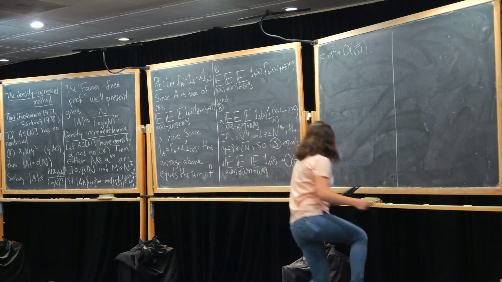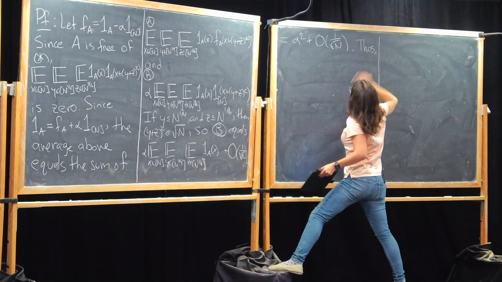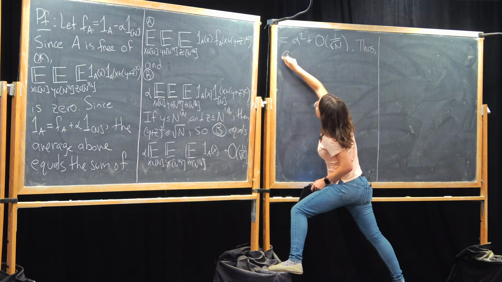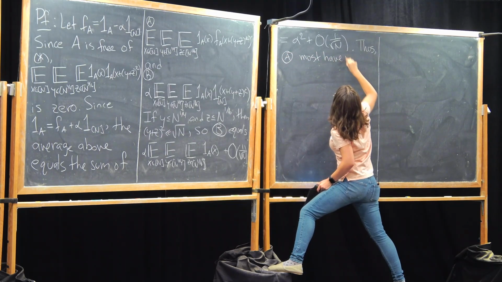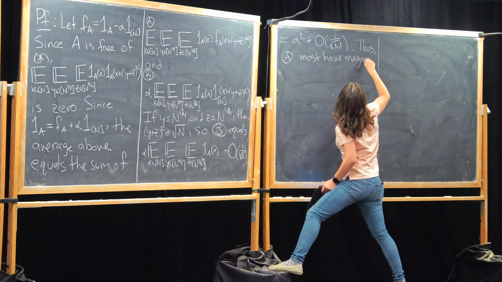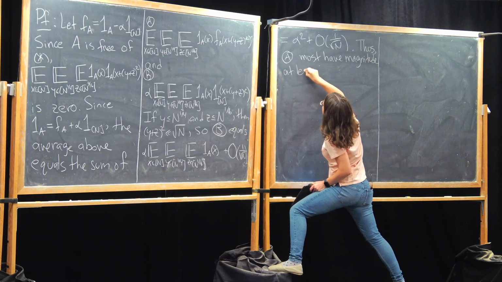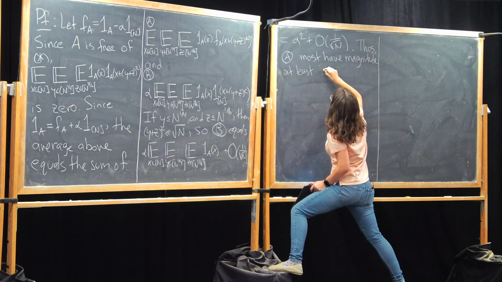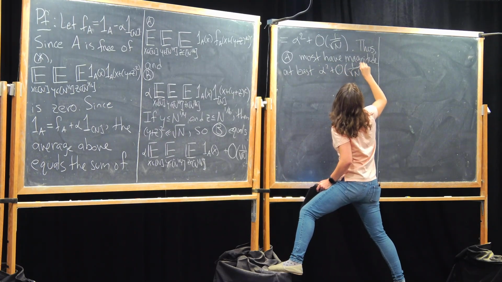So what we get is that the average A must have magnitude at least alpha squared plus big O of 1 over square root of n.